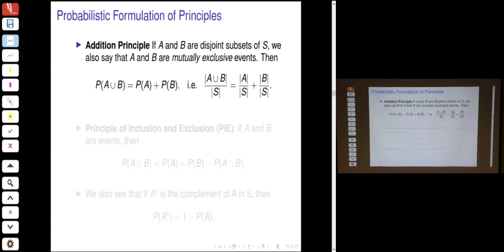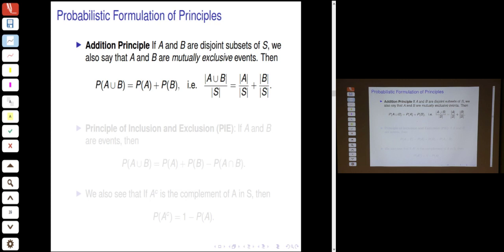There is something called the addition principle. If A and B are disjoint subsets of S, we also say that A and B are mutually exclusive events. Well, just change the name.